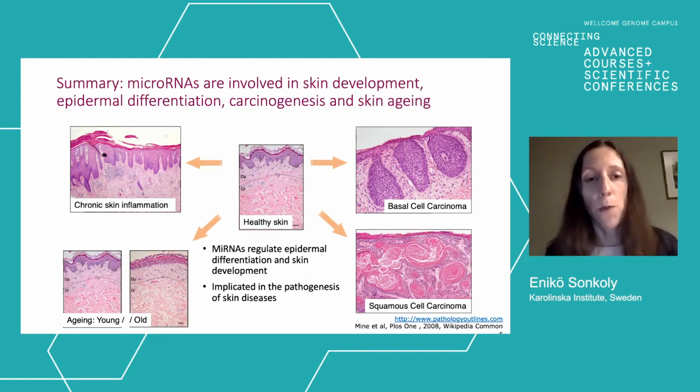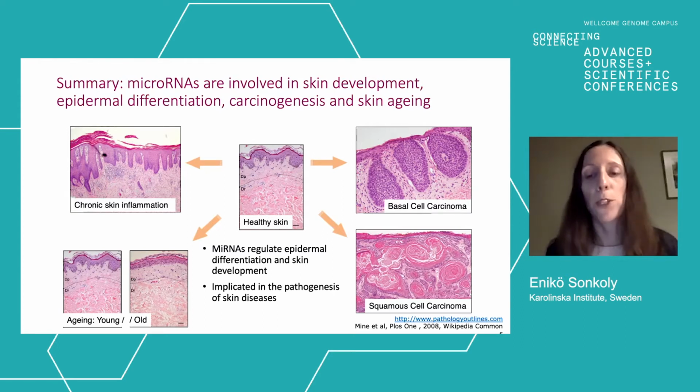I will talk more about chronic skin inflammation in the next talk, but several microRNAs have also been shown to be differentially expressed in several chronic inflammatory skin diseases and contribute to the pathogenesis. And aging is also something where several microRNAs have been implicated. Differential levels of microRNAs have been shown in the aging skin.